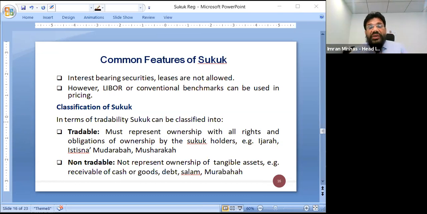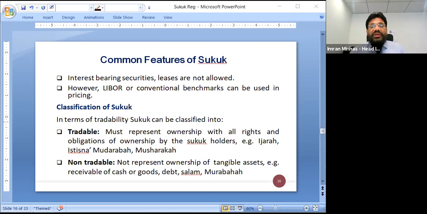So in terms of tradability, the Sukuk can be classified as tradable and non-tradable. Both features are dependent on the underlying tangible assets or proportionate ownership of a business or investment portfolio. AAOIFI Standard 17, which is on investment Sukuk, tells us that Sukuk to be tradable must be owned by the Sukuk holders with all rights and obligations of the ownership in the asset.